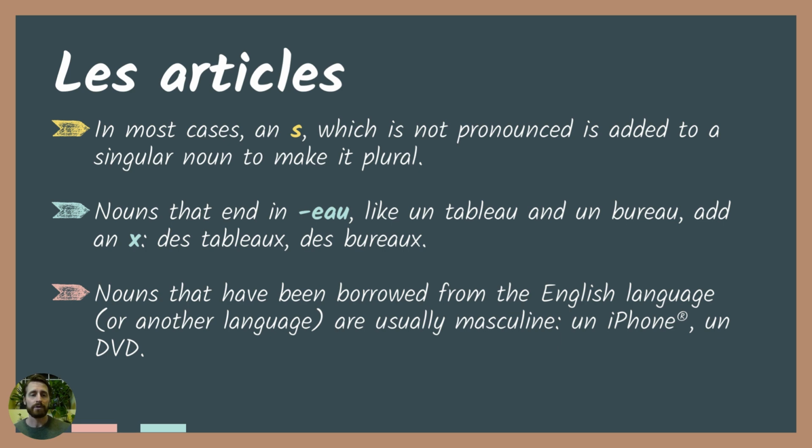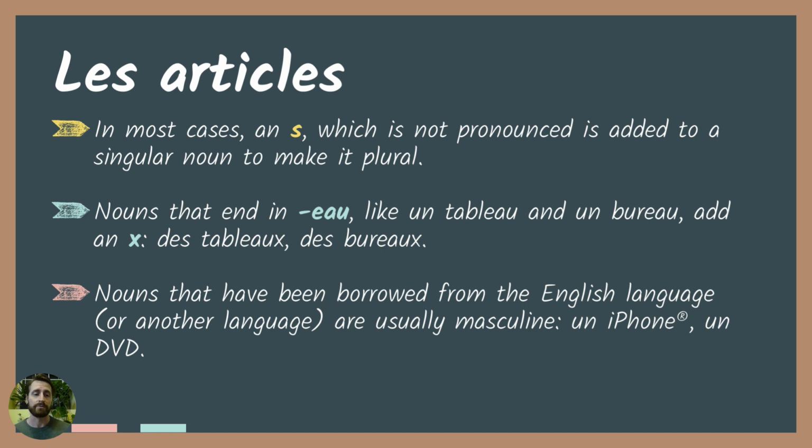Okay, a couple more notes on articles. In most cases, an S, which is not pronounced, is added to a singular noun to make it plural. So this is important to know because when you're speaking, the reason you're going to know that a word is plural is because of the article, not because of the noun itself.